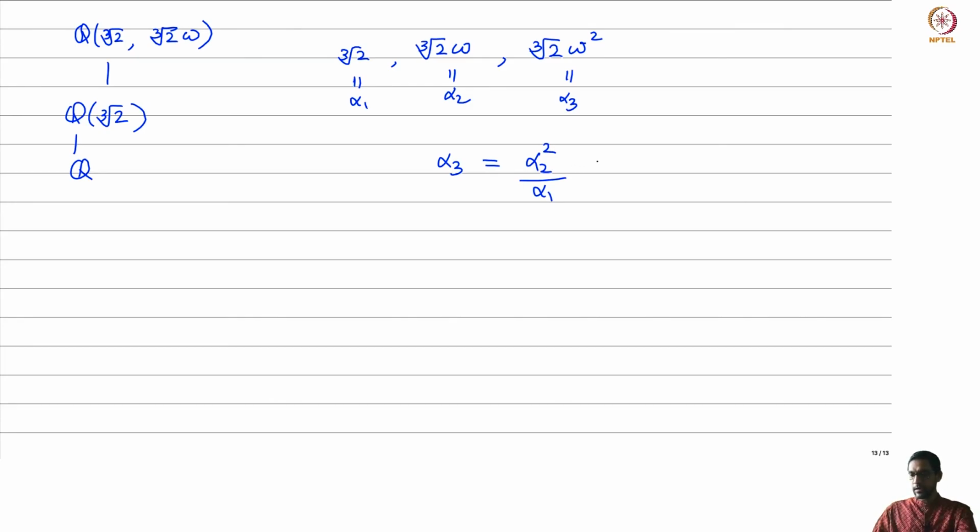So alpha 3 is some combination of alpha 1 and alpha 2, and since it's a field, I'm also allowed to divide. So this is certainly in the field generated over Q by alpha 1 and alpha 2. You don't need to go one more step of extension here.